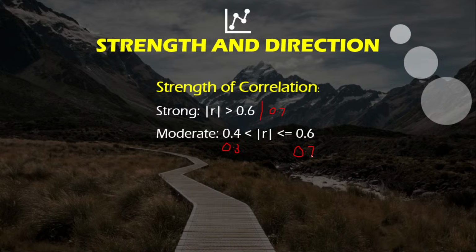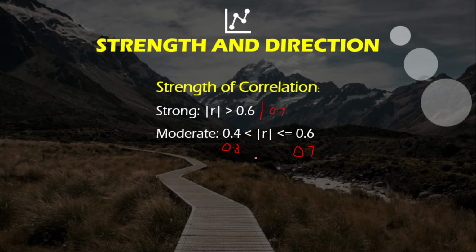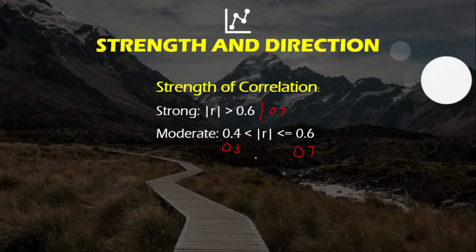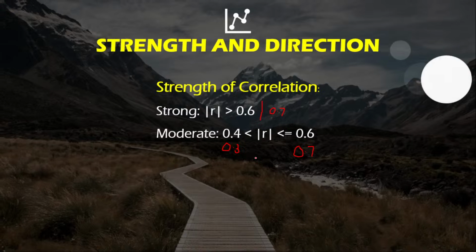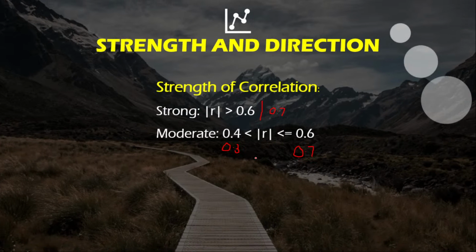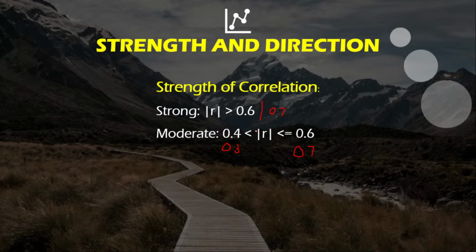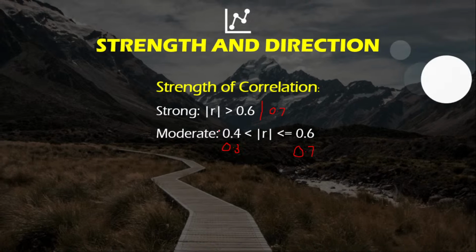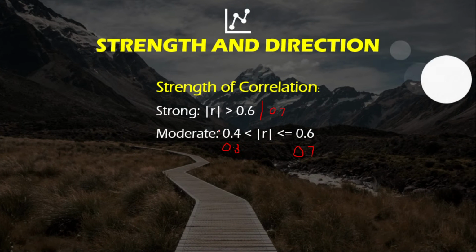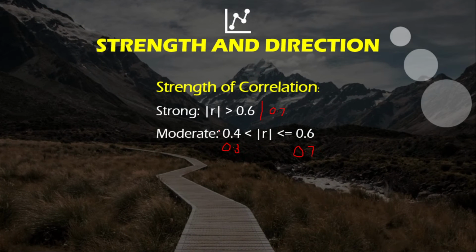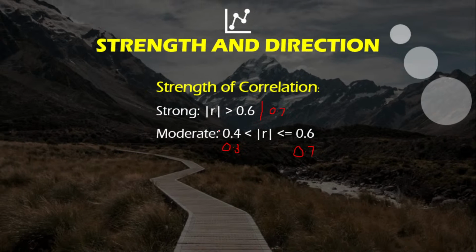So some make use of this range, greater than 0.3 but less than or equal to 0.7, to be moderate. However, the one I make use of is this. Once it is greater than 0.4 and less than or equal to 0.6, it is moderate. That's the one I use mostly when I analyze.